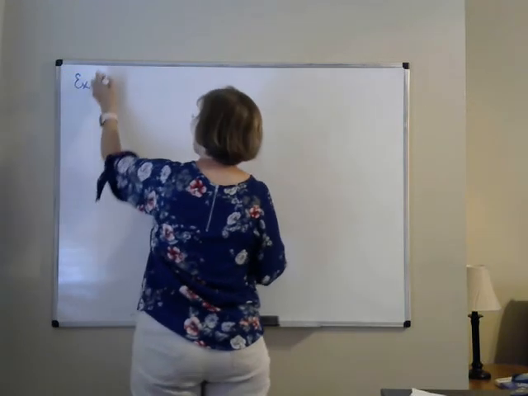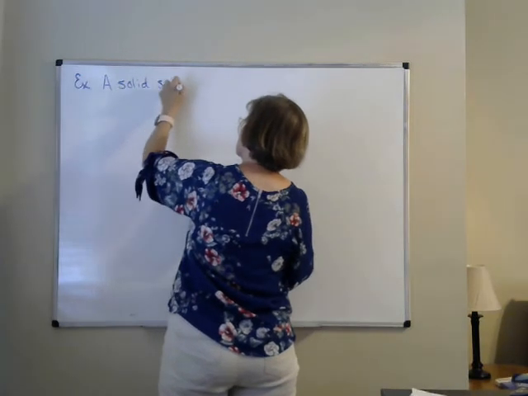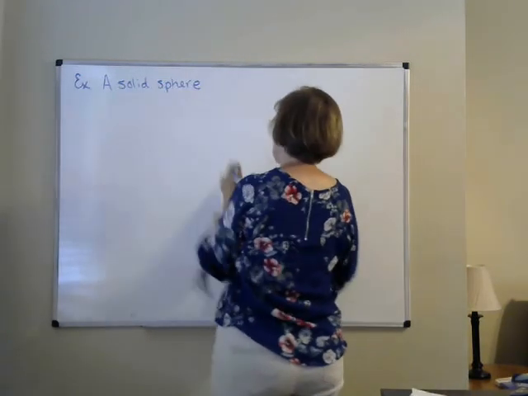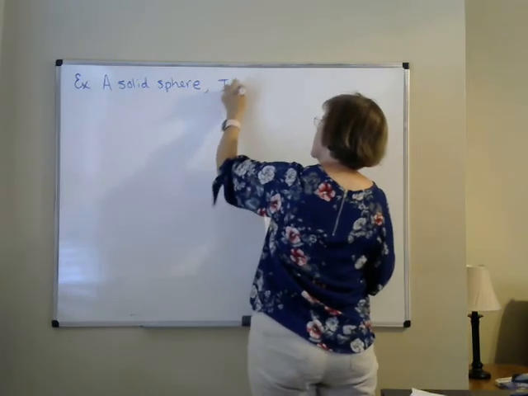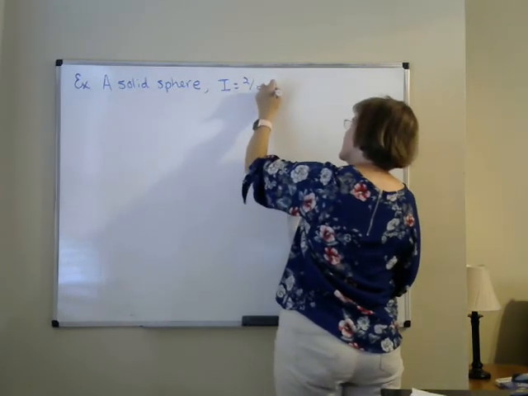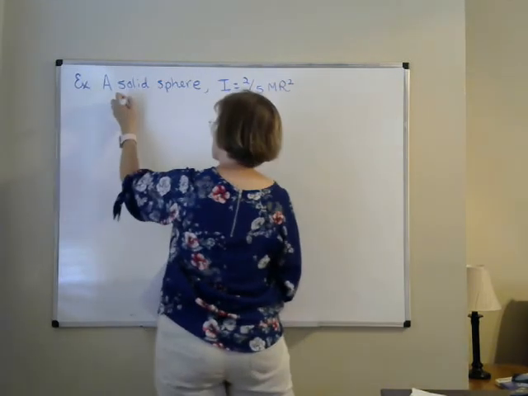Okay, we have a solid sphere, and for a solid sphere, I is equal to 2/5 mr squared, and we have a solid cylinder.